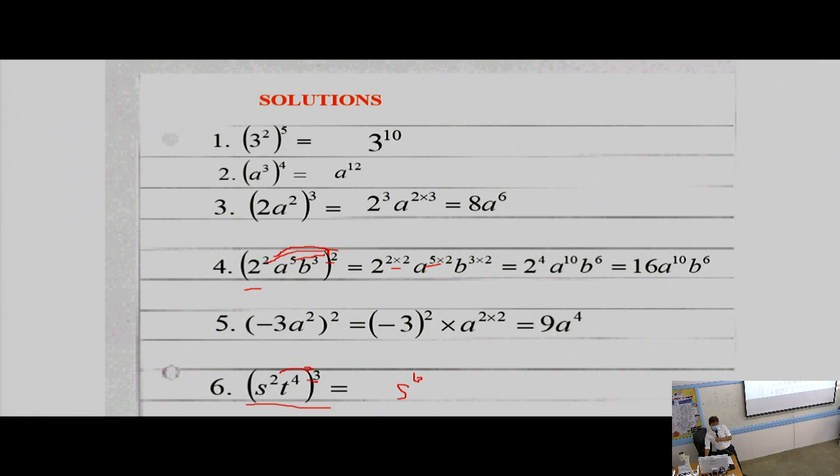S to the power of 6. Look, don't look at your classmate. Look at the example, the question. T to the power of... Read it again. S. Read. And we already have the answer.